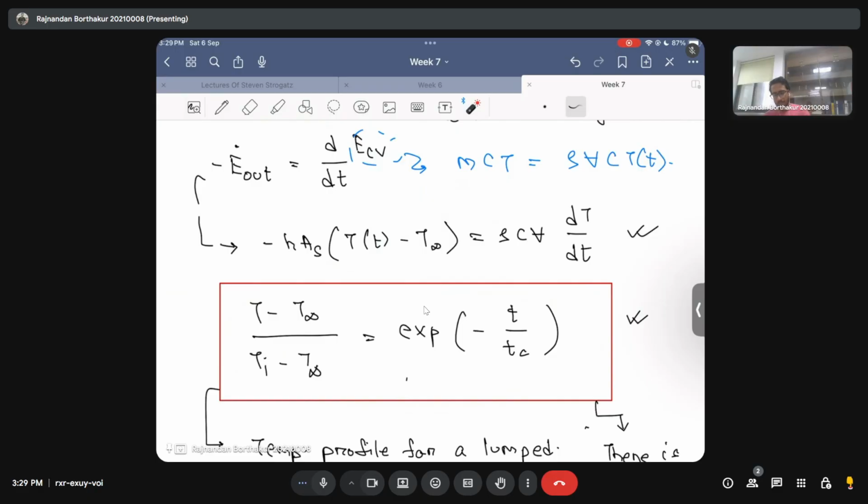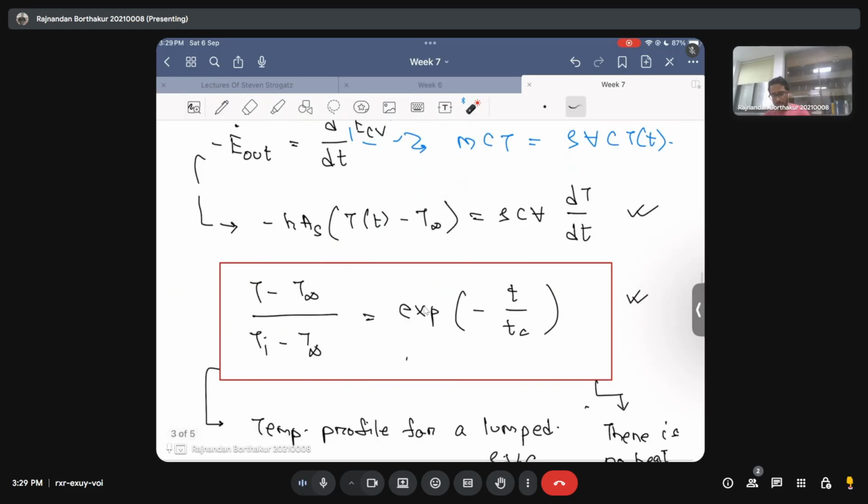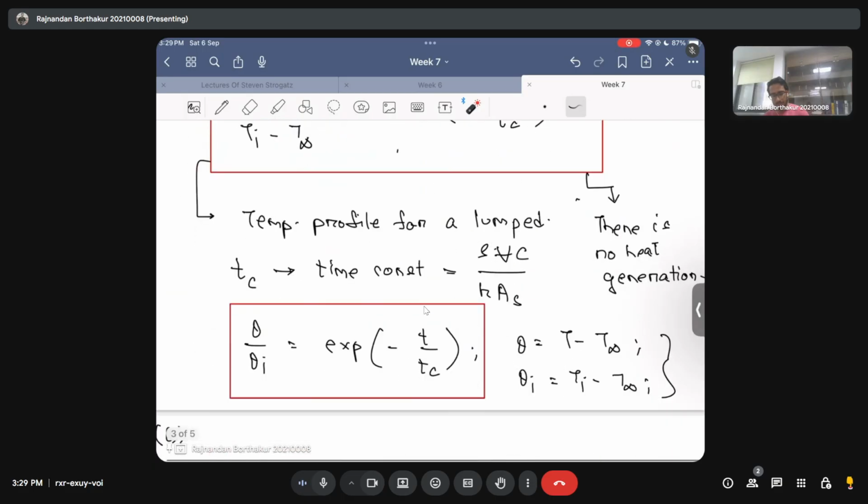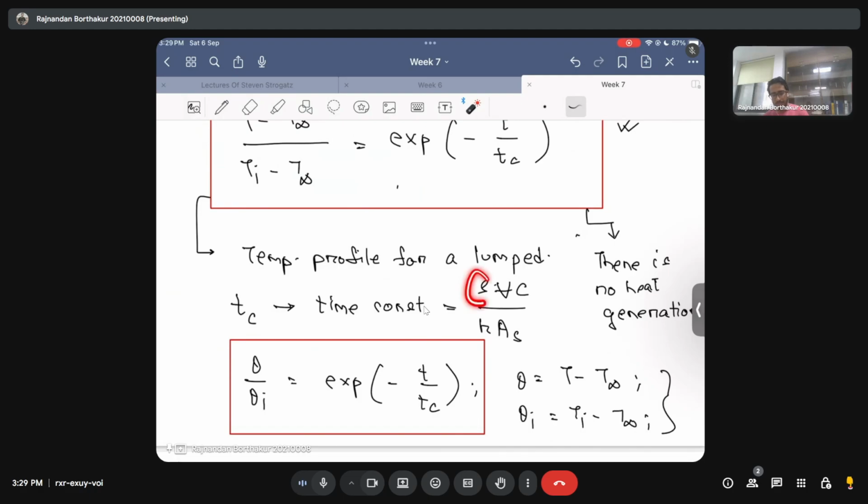But rest assured that if there is no heat generation, you can use this form of the temperature profile to solve either for the time required, or for the temporal change in the temperature. Because tau c is already known, you can see that your time constant is a function of the density, volume, heat capacity, heat transfer coefficient, and surface area, so it's kind of a property.